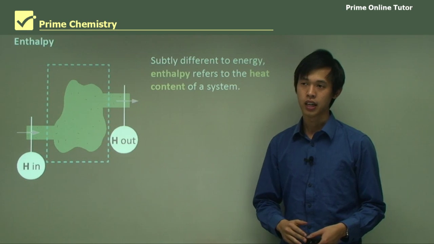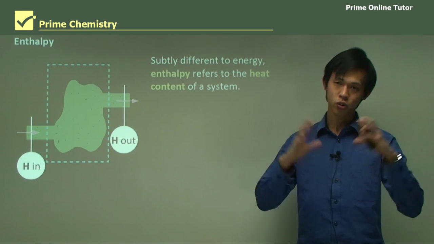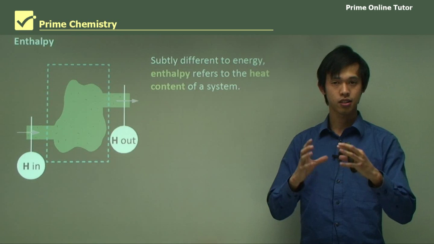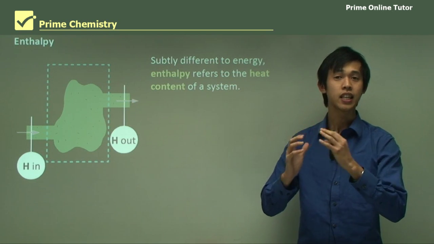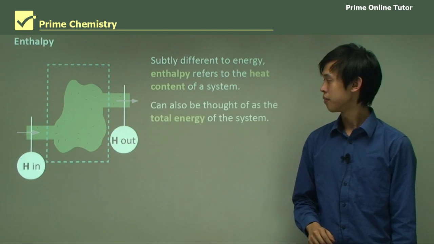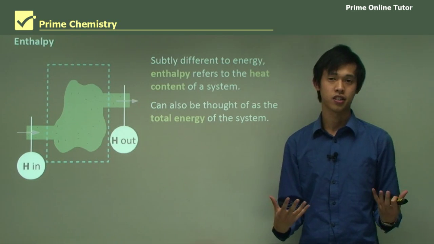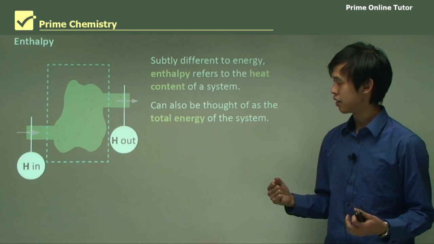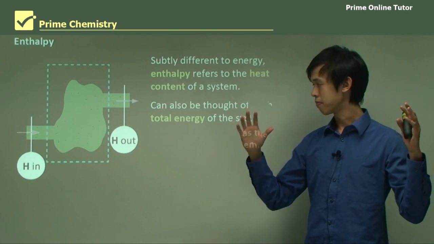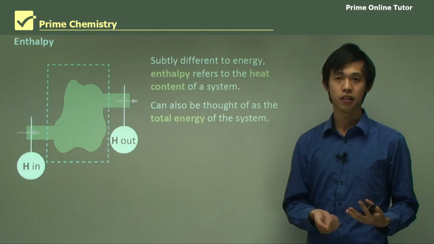Energy can be all sorts of things, but enthalpy relates more specifically to the heat content of a system. But it can also be thought of as the total energy of a system. So the total energy within a system is called the enthalpy.